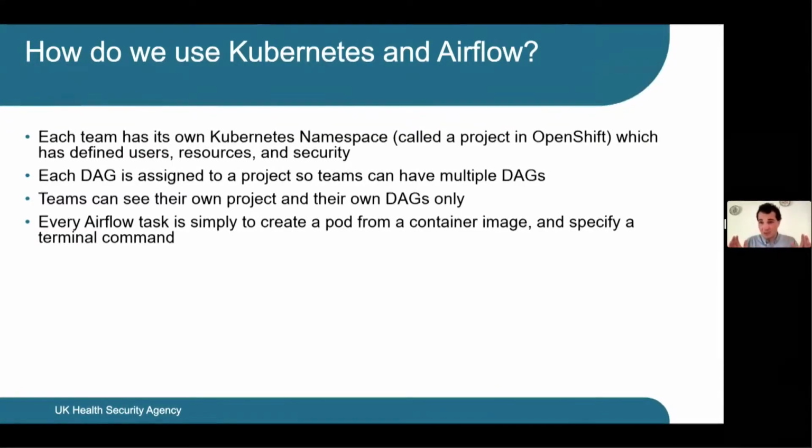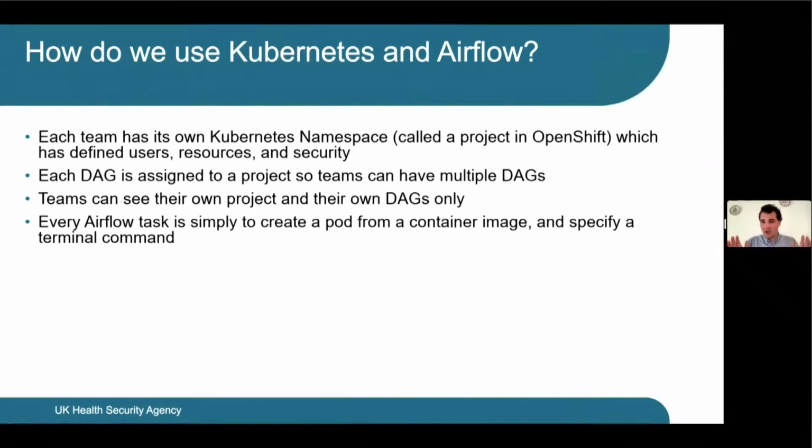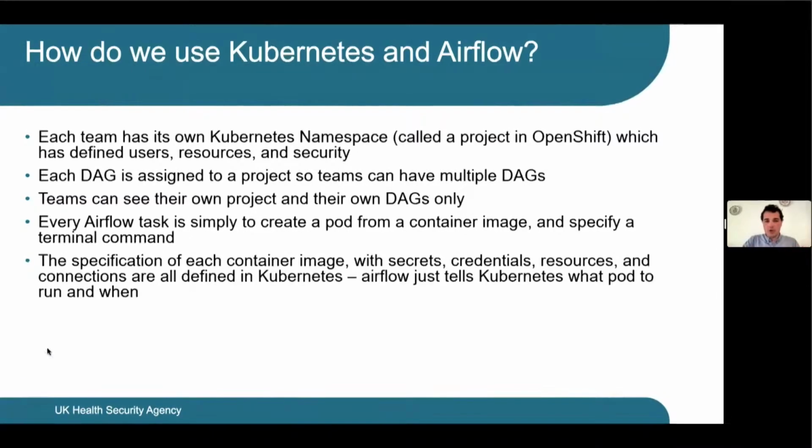And most often in my workloads, that command is simply to run an R script, because we offload all of the connections to our other resources or secrets credentials to Kubernetes, where that enterprise level security and resource management happens, and then Airflow is simply telling Kubernetes how to run a pod and with what resources.